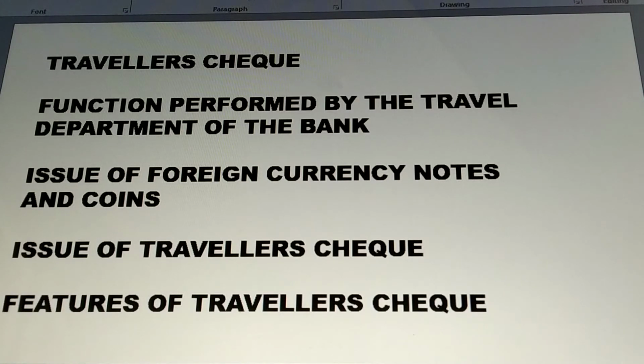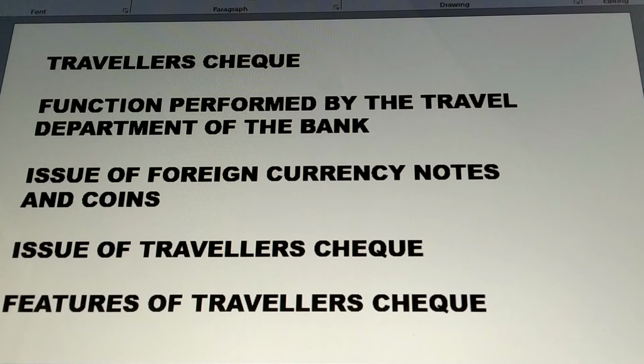This foreign currency will be issued to him after he deposits an equal amount of Indian rupees in the bank. The amount of foreign exchange that an individual can purchase cannot exceed the limit fixed by FEMA, that is the Foreign Exchange Management Act.